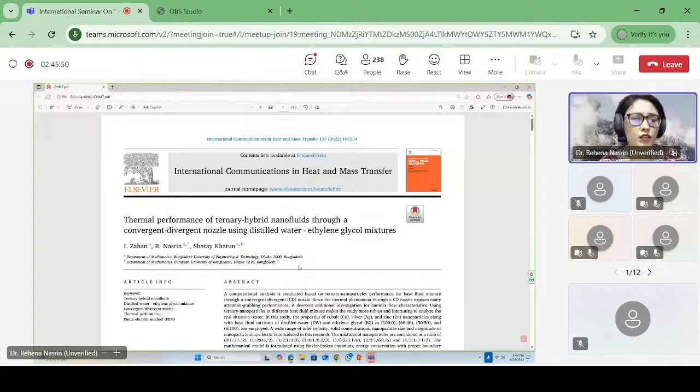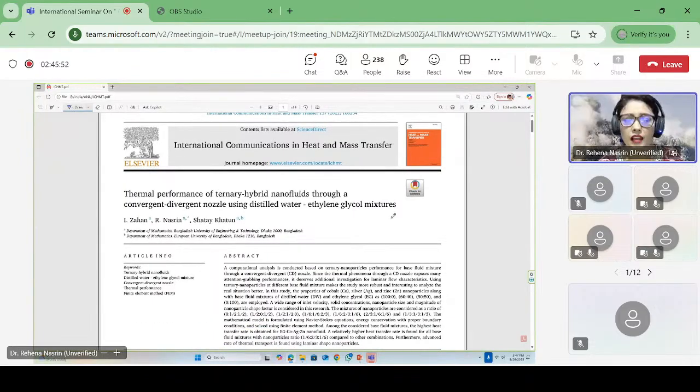This is also, you can see, we use ternary hybrid nanofluid. A hybrid nanofluid is a combination of two types of nanoparticles. This is the base fluid and two types of nanoparticles mixing. This is known as hybrid nanofluid, and here we use ternary hybrid nanofluid.